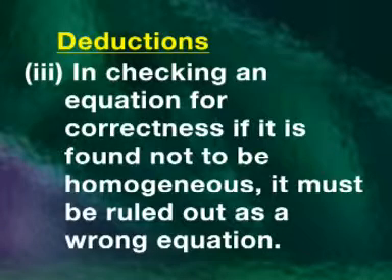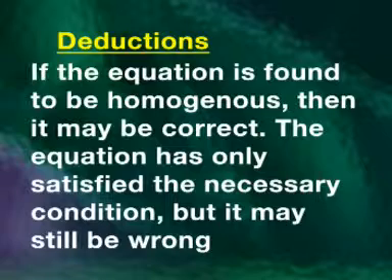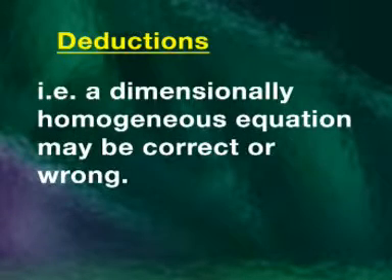3. In checking an equation for correctness, if it is found not to be homogeneous, it must be ruled out as a wrong equation. If the equation is found to be homogeneous, then it may be correct. The equation has only satisfied the necessary condition, but it may still be wrong. That is, a dimensionally homogeneous equation may be correct or wrong.